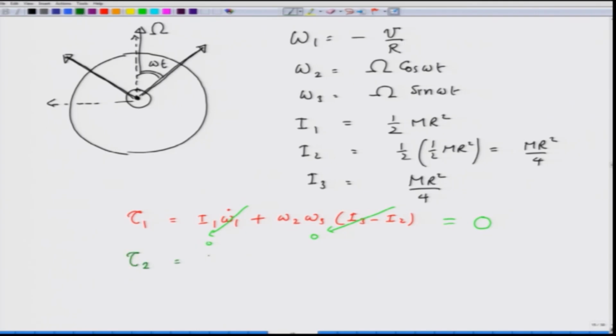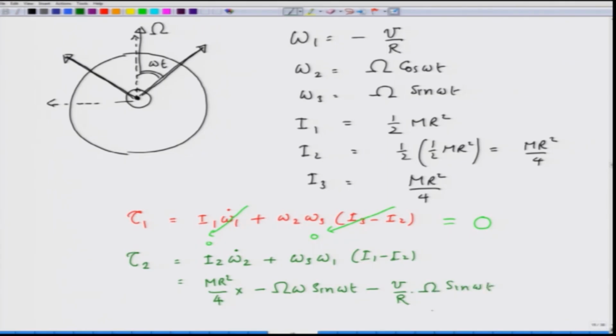Tau 2 is going to be I2 omega 2 dot plus omega 3 omega 1 times I1 minus I2, and this comes out to be mr square by 4 times omega 2 dot, which is minus capital omega omega sine of omega t, plus omega 3 omega 1, which is going to be minus V over R, omega 3 is capital omega sine of omega t, and I1 minus I2 is mr square by 4.